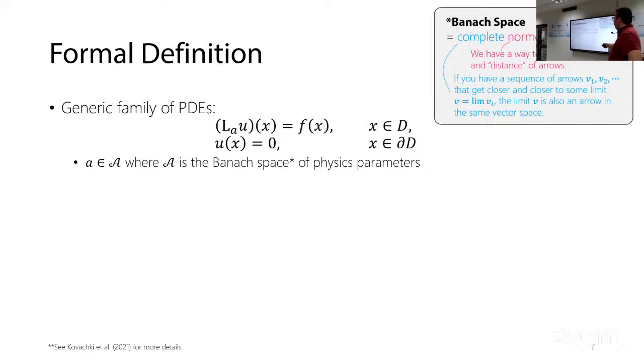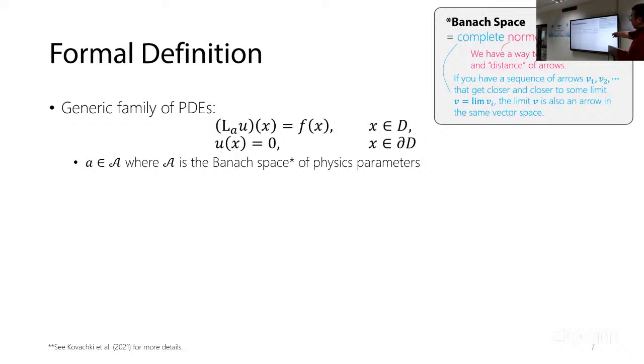We define A as those physics parameters. And again, without losing generality, we consider A as a function defined over a space, because some physical properties are constant everywhere, but there are properties that vary over space, right? Permeability, for example, varies over space. Porosity, density, those kinds of things can vary across the space. And we use the term Banach space.